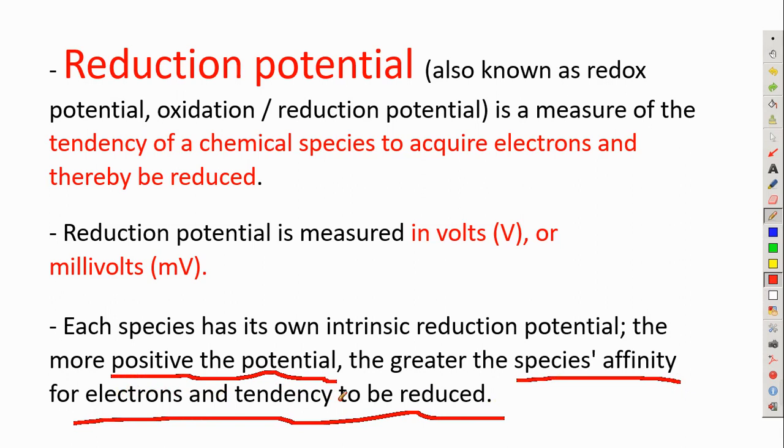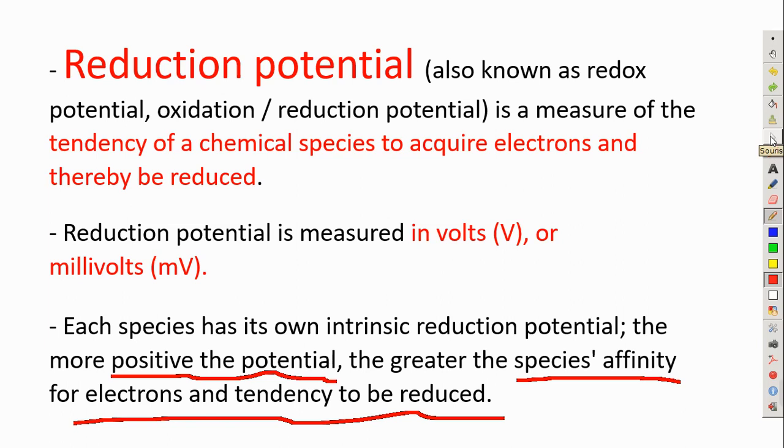These potentials are measured with probes, and physicists and chemists have tables where they've got all the reduction potential measurements. The key thing we need to know for our biology lesson is that the more positive the potential, the greater the species' affinity for electrons.